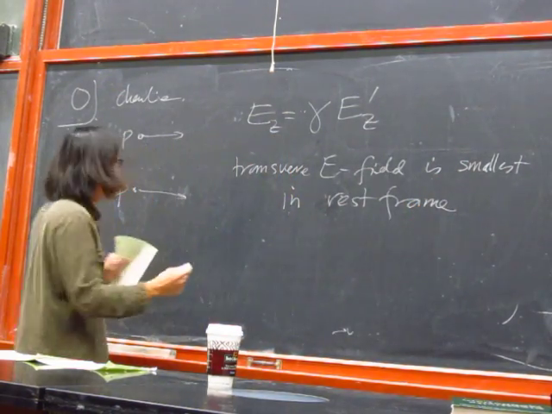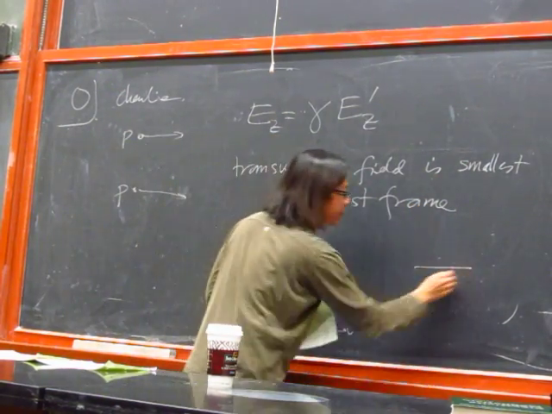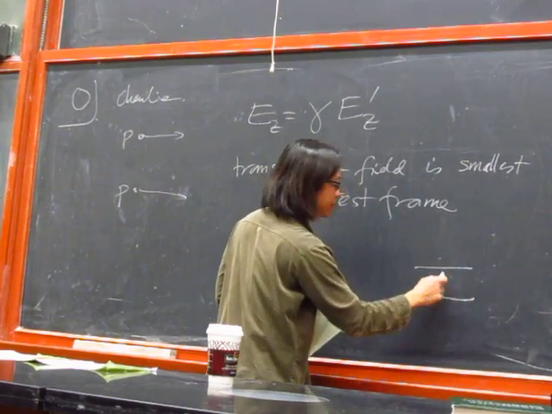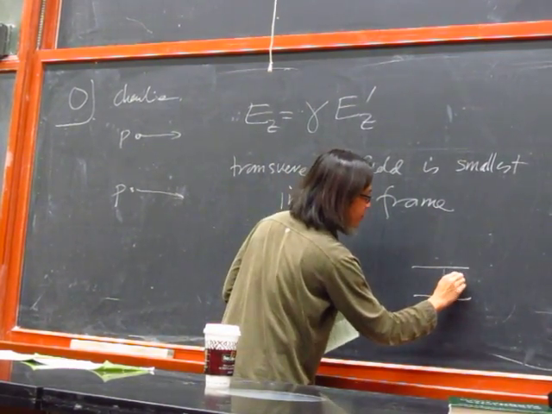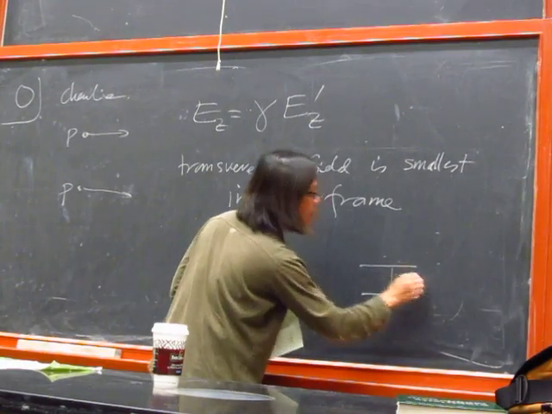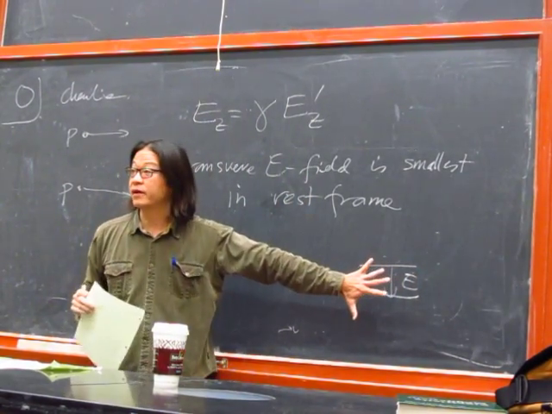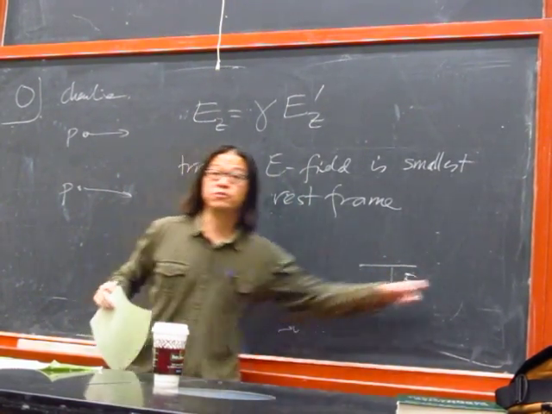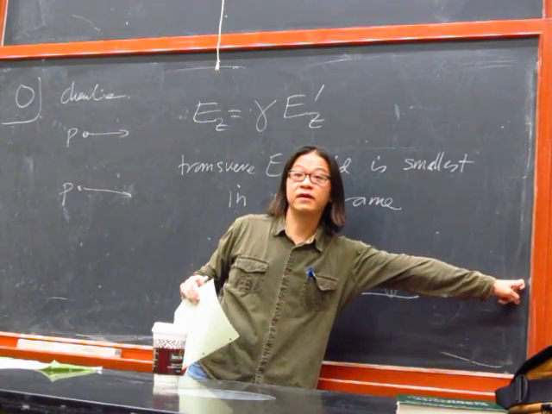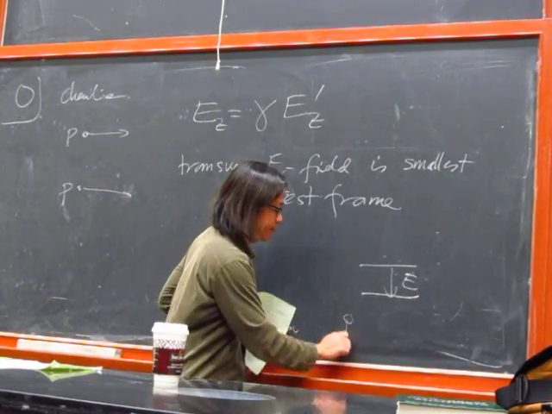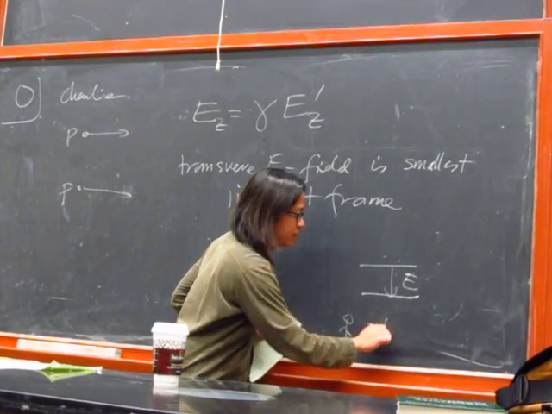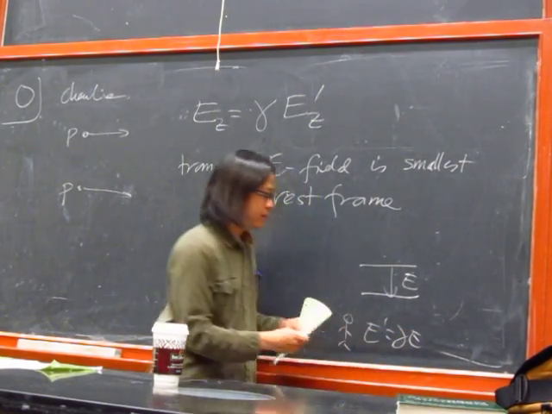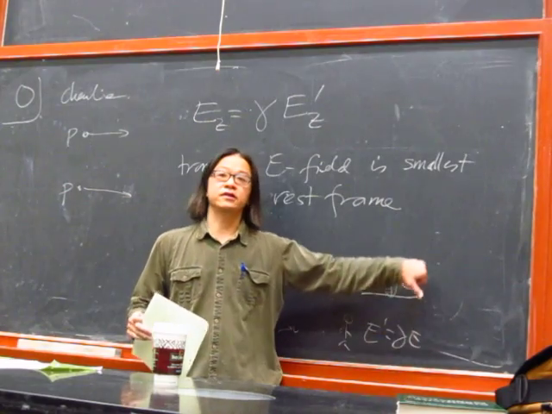Recall that example that we have, right? If I have a plate, this is just E in the rest frame of the parallel plate. I've boosted with some velocity V, right? Then according to Charlie, what he sees is gamma E, something larger than the rest frame.